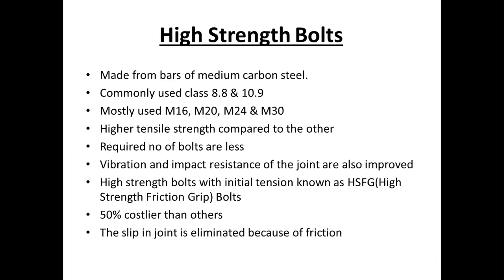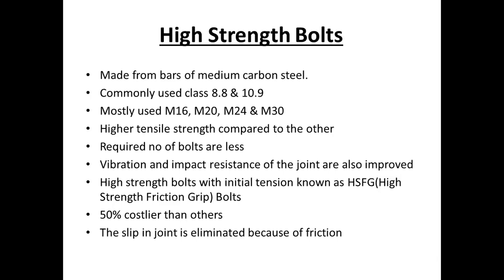The slip in the joint is eliminated because of friction. In friction grip bolts, the loads are transferred primarily by friction, not by shear. The contact surfaces must be free from rust, paint, mill scale, grease, etc., which would prevent solid contact between the surfaces and lower the slip factor.